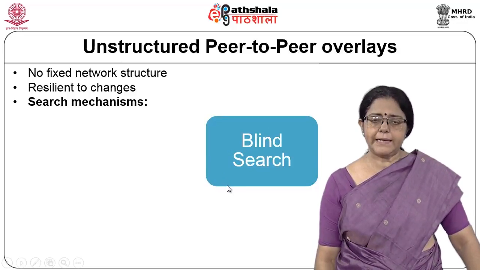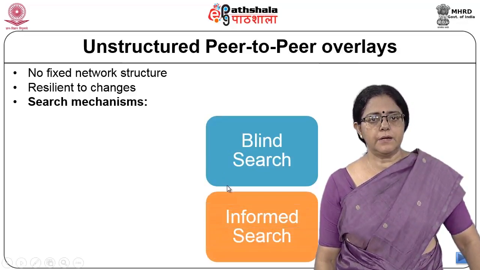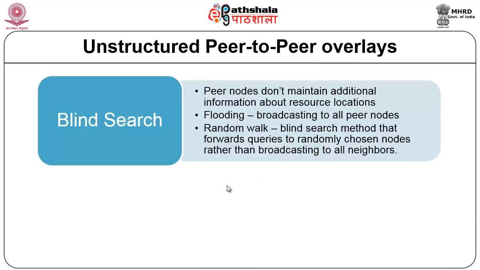One is called a blind search and the other is called an informed search. In blind search, the peer has no information about all other nodes. Intuitively, the only thing it knows is its neighbors. A peer node is aware of who its neighbors are.